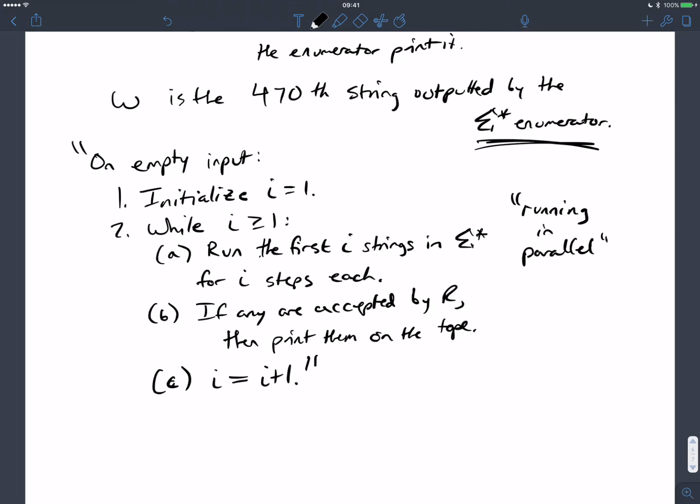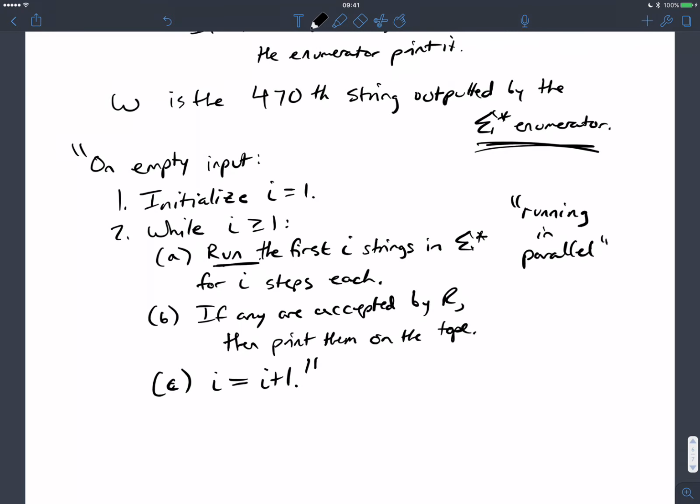So the idea of running some strings, like you're running a set of strings, each one in turn. I'm running them for only a certain number of steps. I'm not running them necessarily to completion. So there's no problem in running here because I'm forcing the number of steps to be a fixed, finite value. Okay?